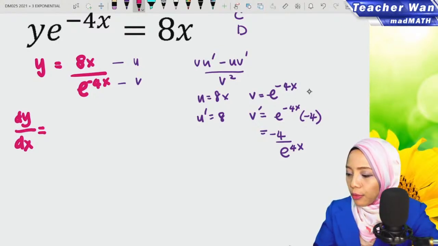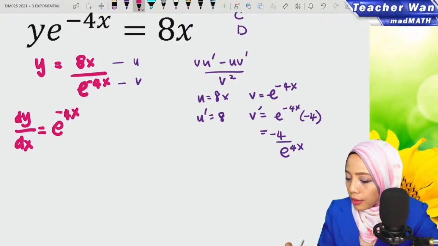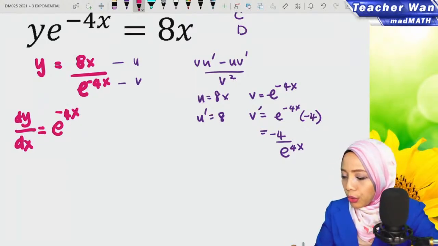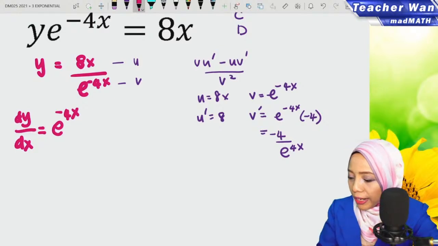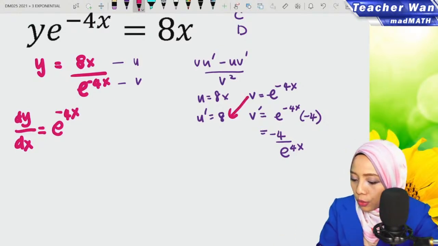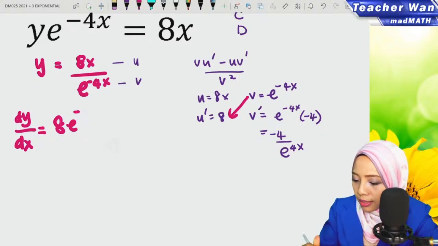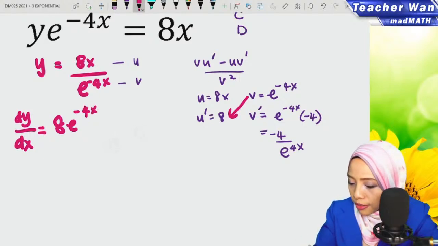For v, we take exponent e to the power of negative 4x. u prime is 8, so we put 8 in front: 8 e to the power of negative 4x.